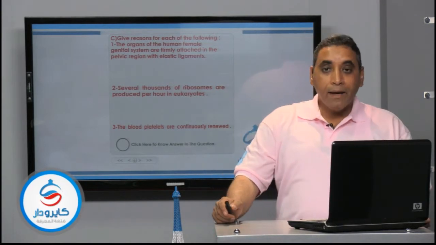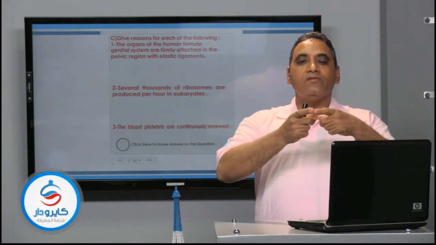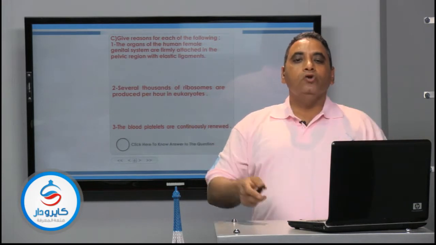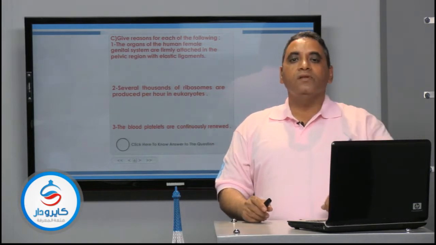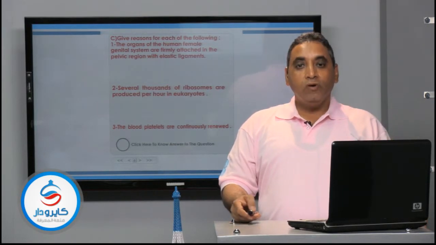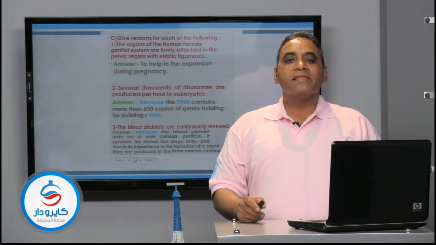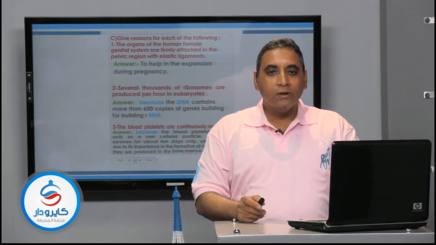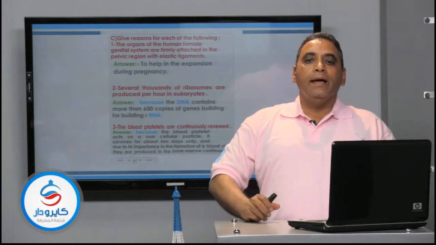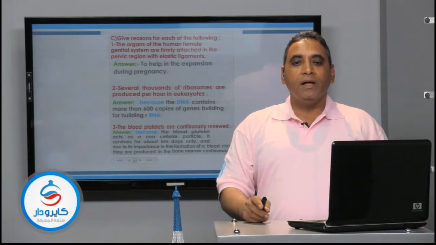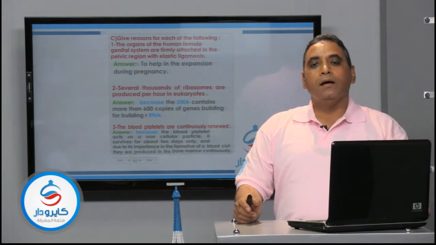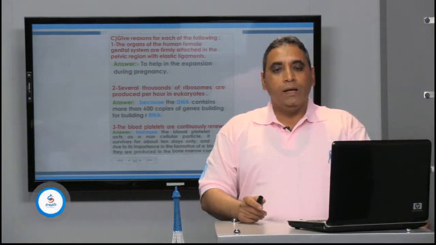The elastic ligaments are very important to help the female reproductive system to relax during the presence of the fetus inside during pregnancy, and that facilitates the delivery that will take place by the action of a certain hormone, which is called the relaxin hormone, which helps in the expansion of the pelvis during delivery, during the pregnancy state, to facilitate the delivery.